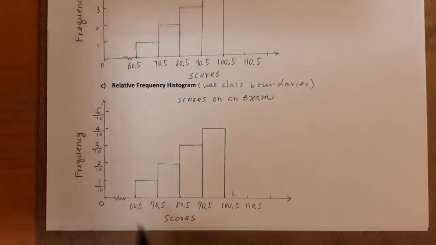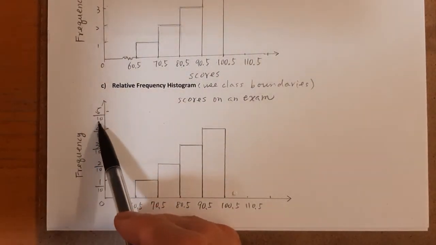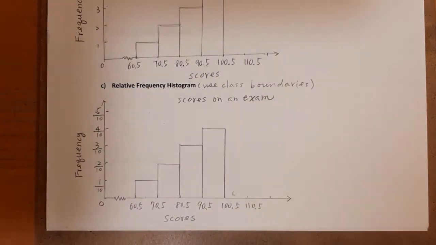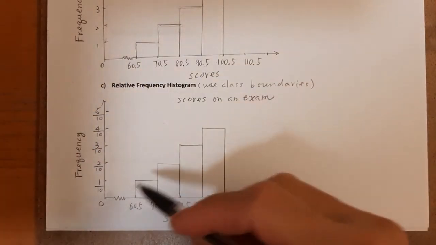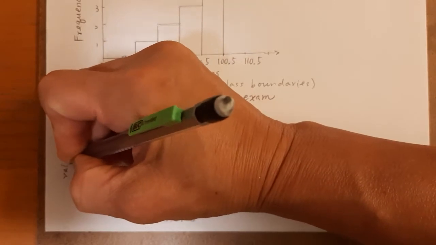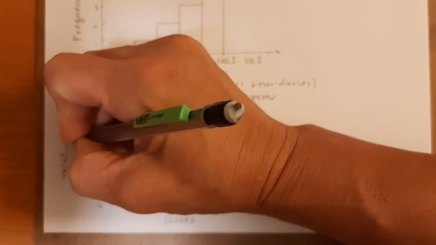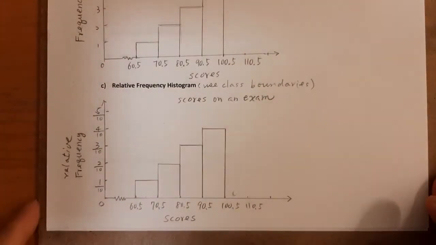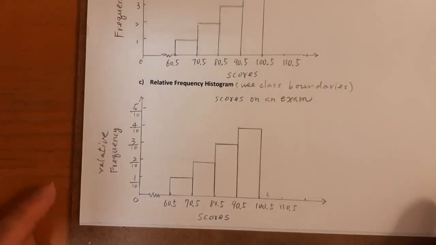Relative frequency is frequency over the total n, and here we have 10, n equals 10. And then on the vertical, you have to indicate relative frequency.